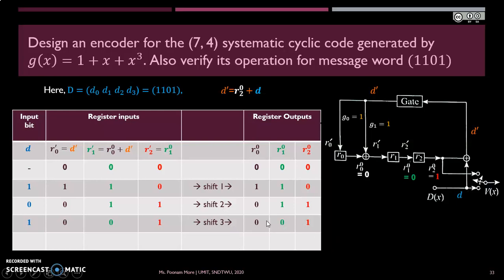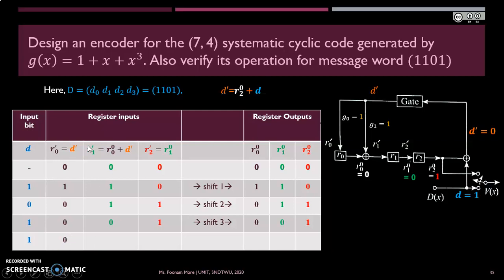Now we will insert the last bit, that is D0, and we will find out what will be the final values available at the registers. The last bit is 1, and therefore the value for D dash is again coming out as 0, because the value of R20 and D is equal to 1. Their modulo 2 addition becomes 0, and therefore R0 dash is also becoming 0.